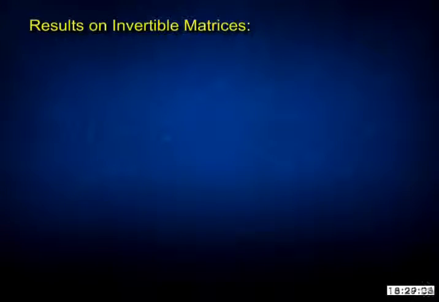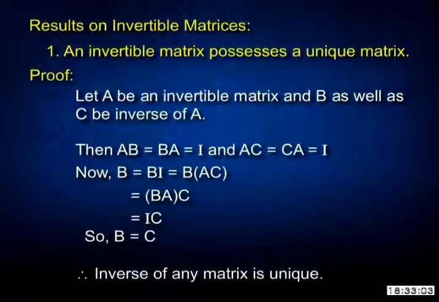Results on invertible matrices. Now we shall discuss some results on invertible matrices. First result is that an invertible matrix possesses a unique inverse. It means that an invertible matrix can have only one inverse of itself. We can prove this result by using contradiction.